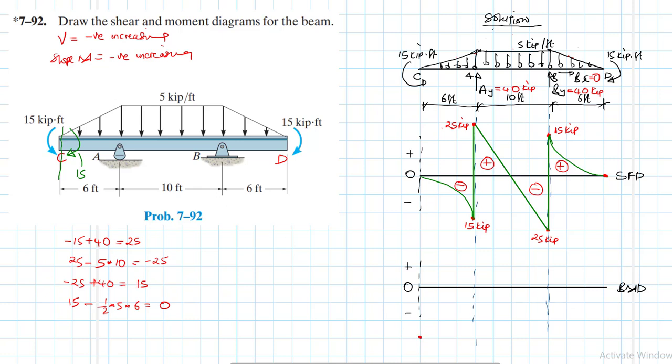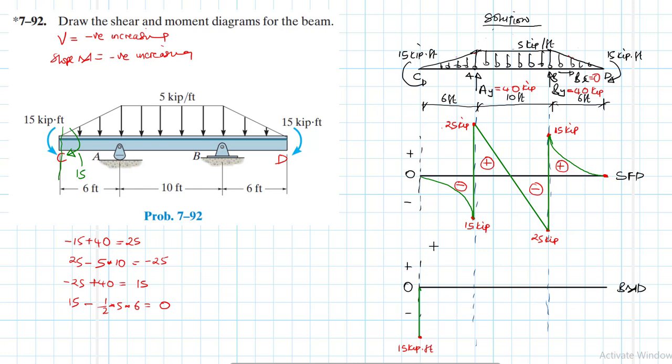Okay, so let's say this is where we are starting from. So we are starting from here, and that value is 15. This is 15 kip feet.